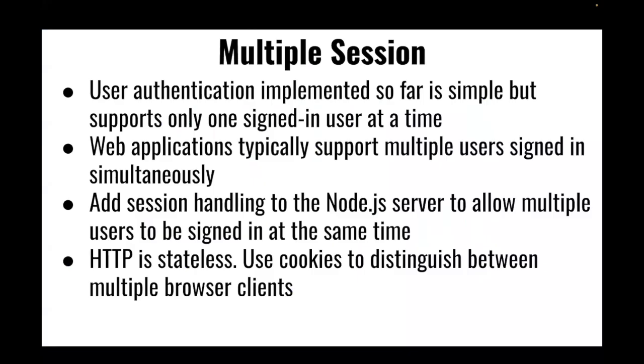But the more common, realistic implementation is that a web application can handle any number of users, allowing multiple users to be simultaneously logged in, and being able to maintain a separate conversation with each one of them independently. So that maybe Amazon, for instance, can keep track of everybody's shopping cart.